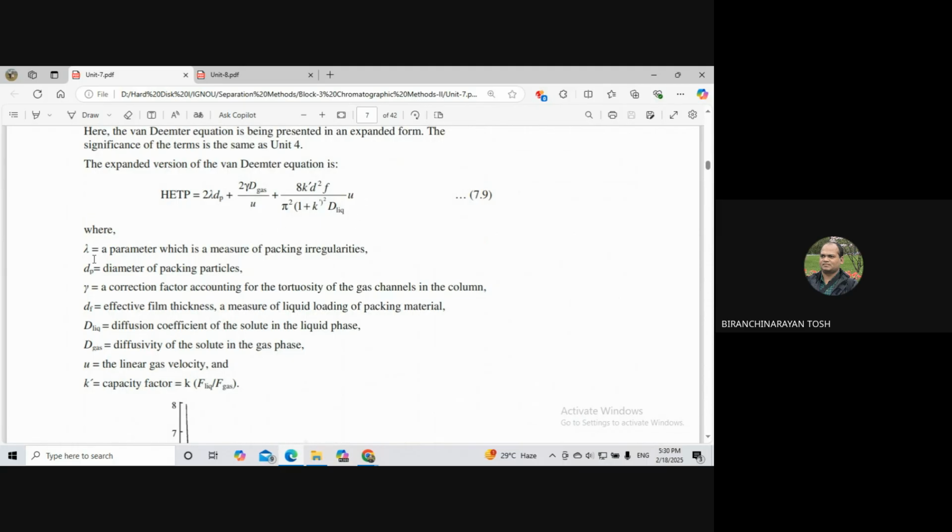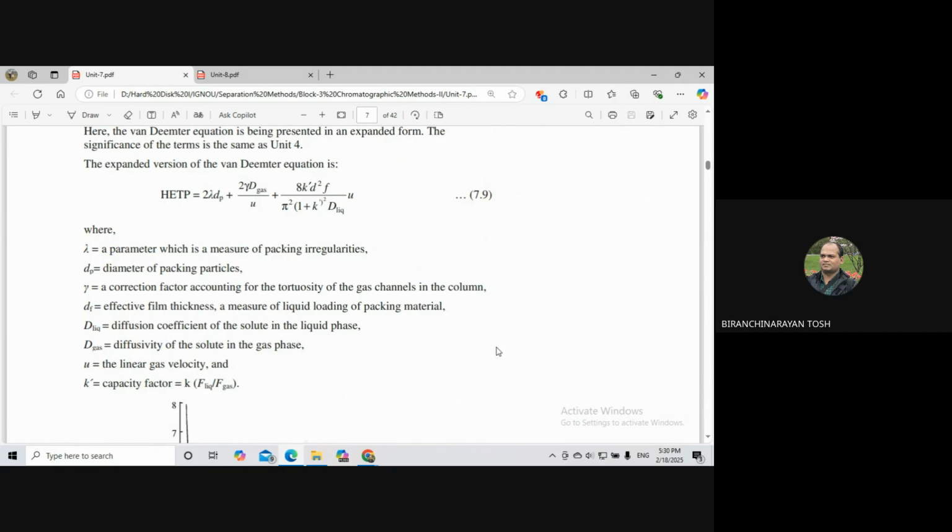So where lambda is a parameter which is a measure of packing irregularities, dp is the diameter of packing particles, gamma a correction factor accounting for the tortuosity of the gas channels of the column, df is the effective film thickness, a measure of liquid loading of packing material.